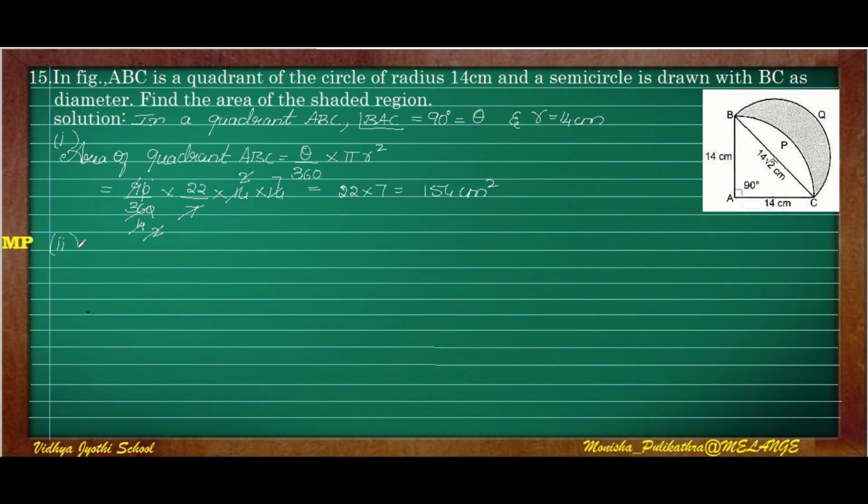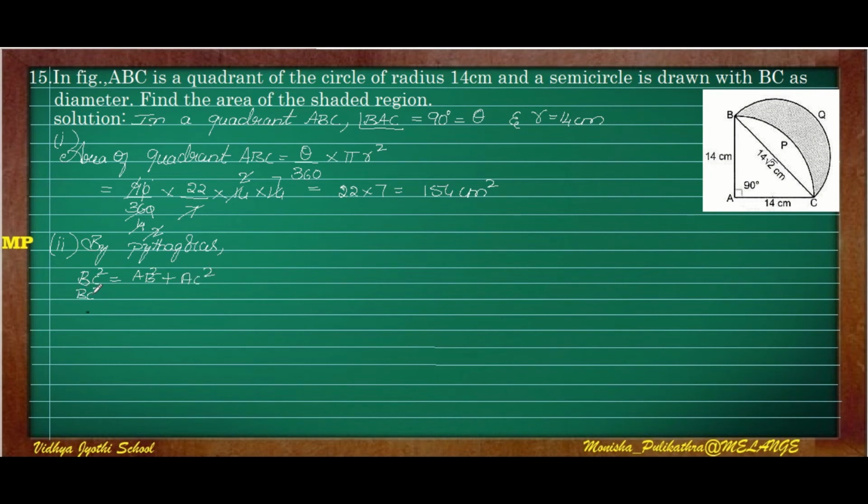Next we have to find out this diameter. If we have to find out this diameter, then we have to take this right angle triangle by using Pythagoras theorem. So by Pythagoras, here BC is the hypotenuse, so BC square is equal to AB square plus AC square.